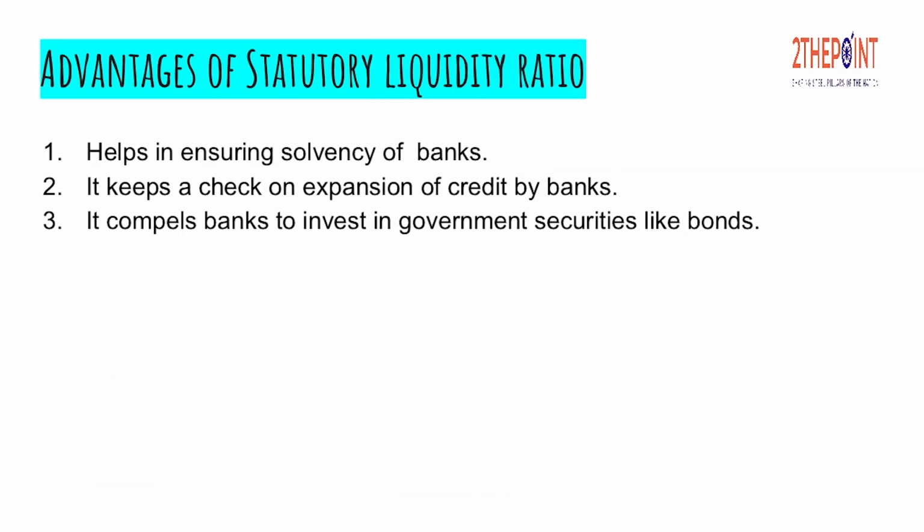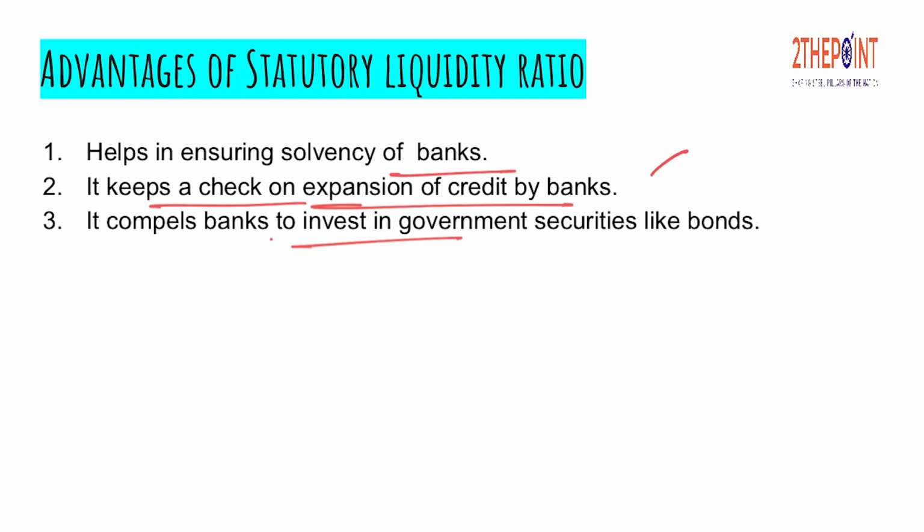Now to the advantages. First, it helps in ensuring the solvency of banks like the CRR does. Next is, it keeps a check on expansion of credit by the banks. Yes, how? RBI either increases or decreases it depending on the economic situation. And last, it compels the bank to invest in government securities like bonds, because there is a limit to which the banks can maintain cash with themselves.